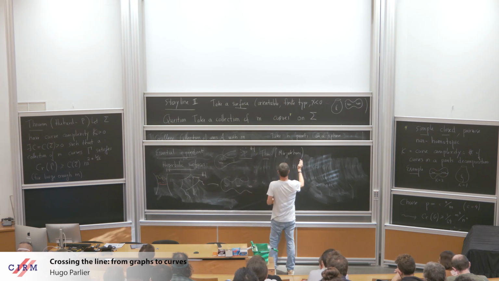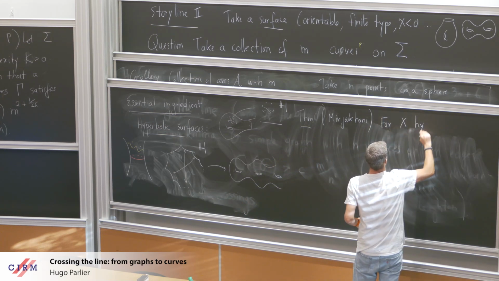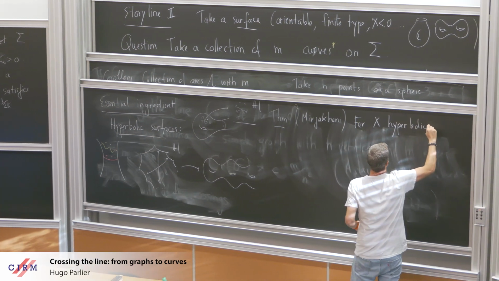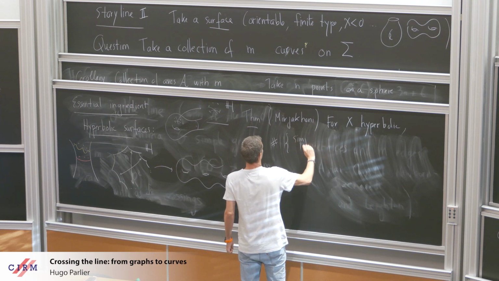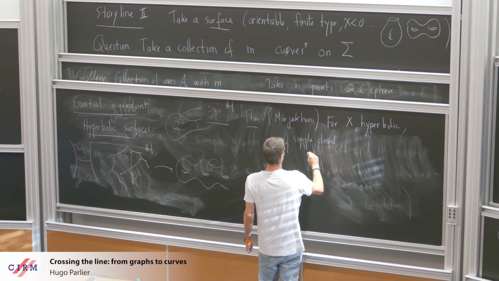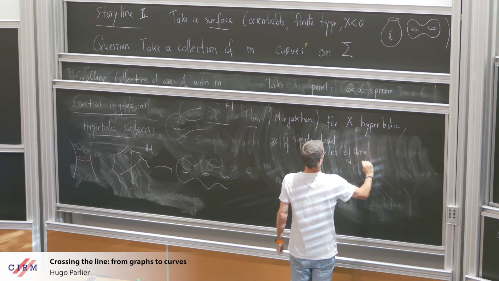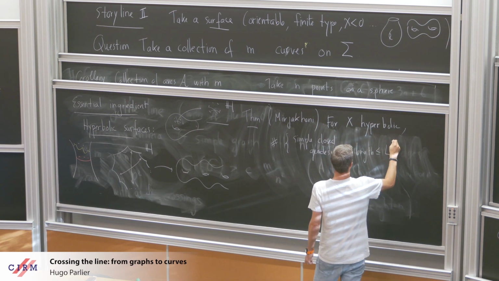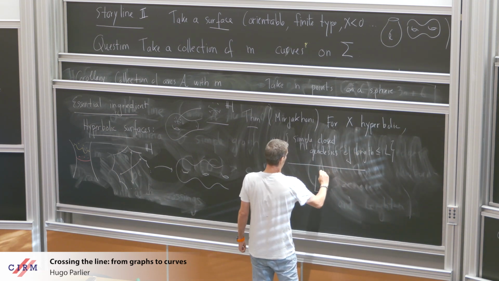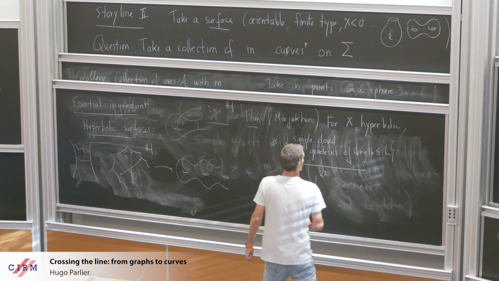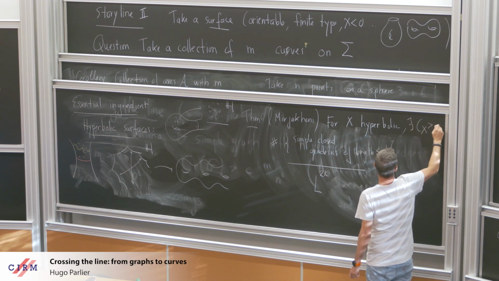Okay, and one of Mirzakhani's famous results is that for X hyperbolic, the number of simple closed geodesics of length less or equal to L, divided by L to the power of 2 kappa, and then you take the limit as L goes to infinity, is equal to a positive constant that you associate to this surface.